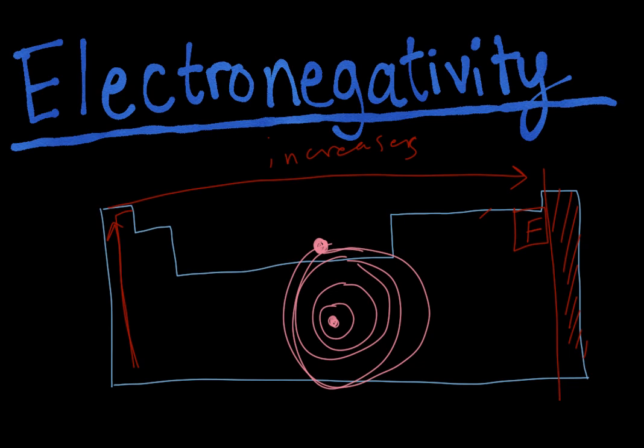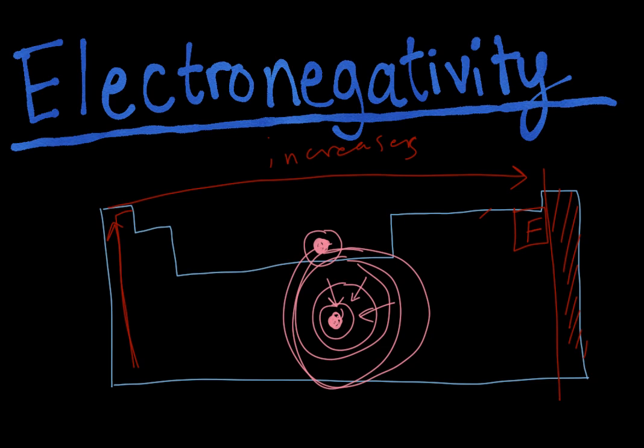Because it's so far away from the nucleus, and the nucleus is where you have the attraction force, there are so many inner shells, core shells, that do the phenomenon known as shielding. They're doing so much shielding that this valence electron all the way out does not feel that much of an attractive force to the center. So it's so easy to take that electron away, which is the opposite of what electronegativity is.